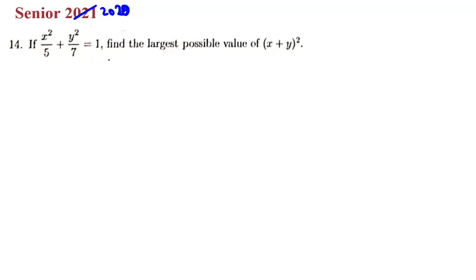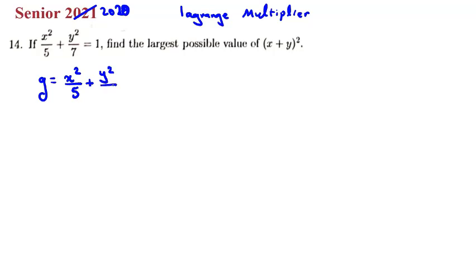Again, we want to solve this with our useful idea, Lagrange multiplier. Okay, so let's solve this one. Again, we define g as a condition that is equal to 0: x squared over 5 plus y squared over 7 minus 1 equal to 0.